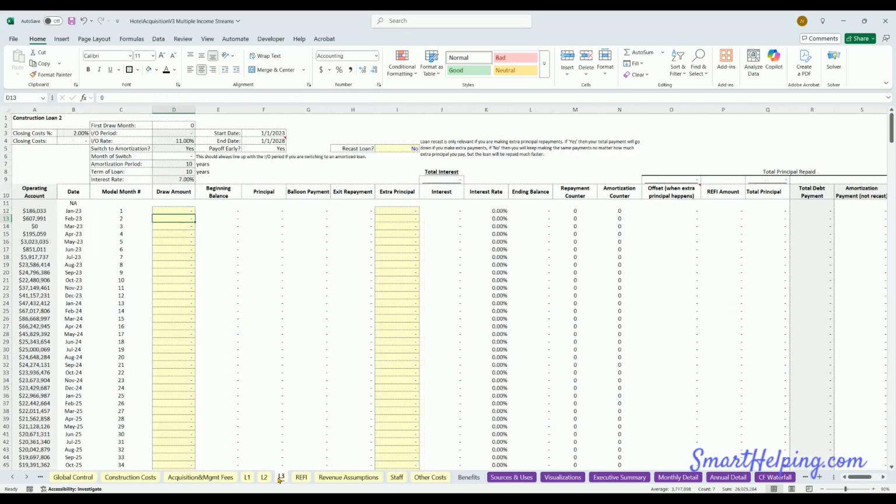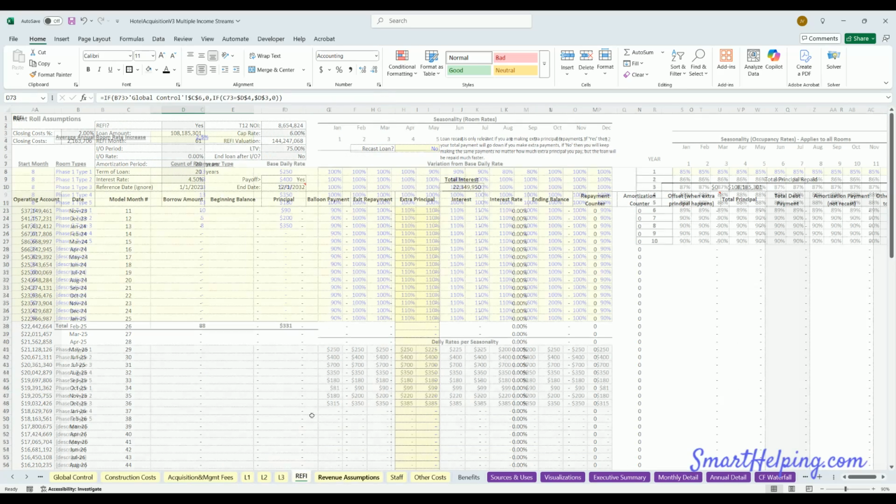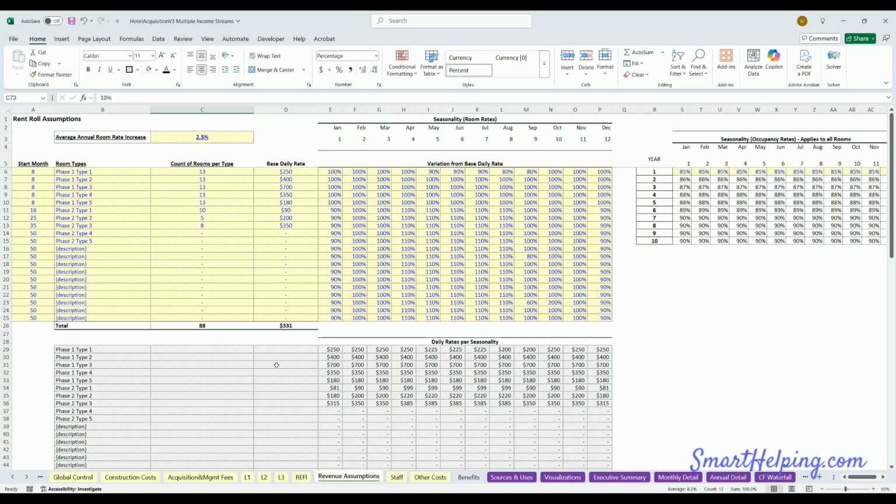We talked about the loans pretty in depth, the refi, revenue assumptions. Okay, so let's actually think about the hotel itself. So you've got up to 20 room types, and this is easy to extend if you wanted to do it. You just follow the formulas, or I can do it as much as you want, but it's 20 unique room types you can enter.